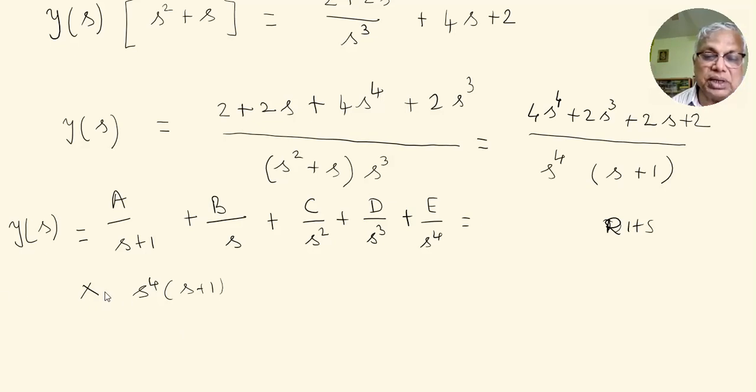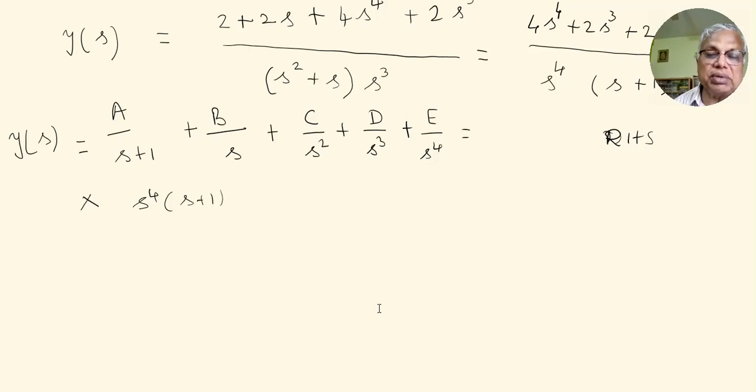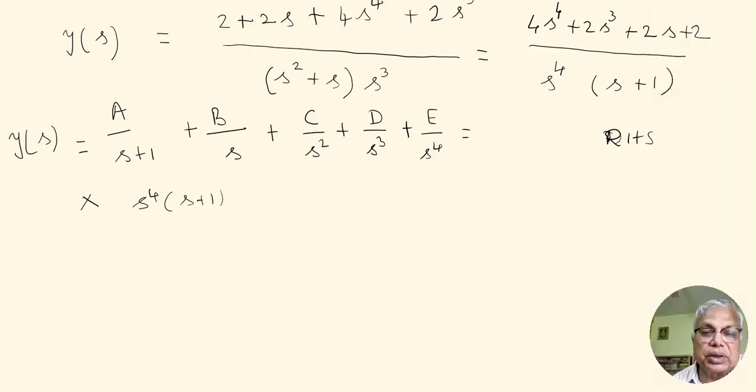So if you multiply throughout by the LCM, that is s power 4 into s plus 1, and the right hand side is the same, what are you going to get?